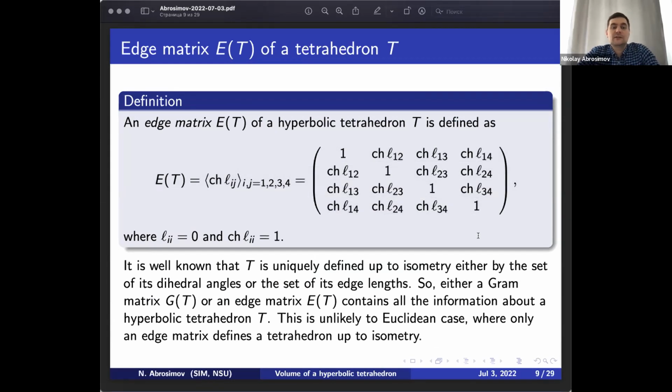And it is well known that a hyperbolic tetrahedron T is uniquely defined up to isometry either by the set of its dihedral angles or the set of its 6 edge lengths. This is unlike the Euclidean case where only the set of edge lengths defines the tetrahedron up to isometry, but the set of dihedral angles defines a Euclidean tetrahedron only up to similitude.